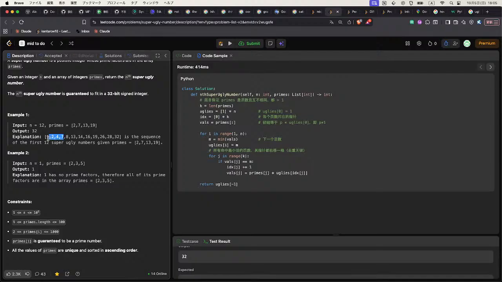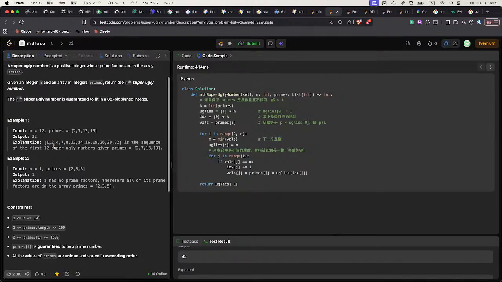Each number can be multiplied by some primes. If we have 1, 2, 4, the 4 is made by 2 times 2.